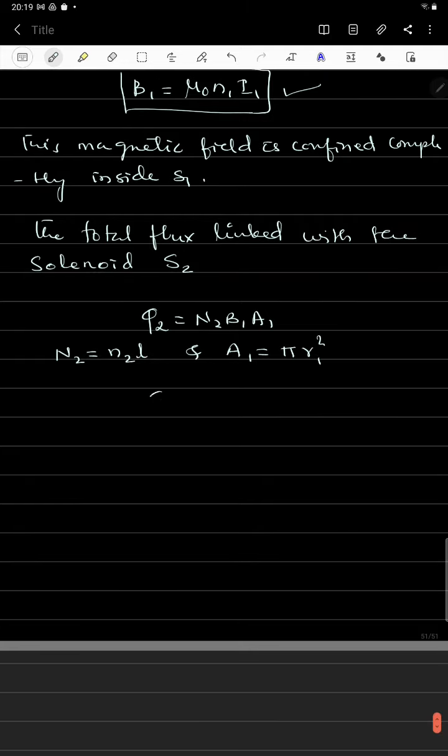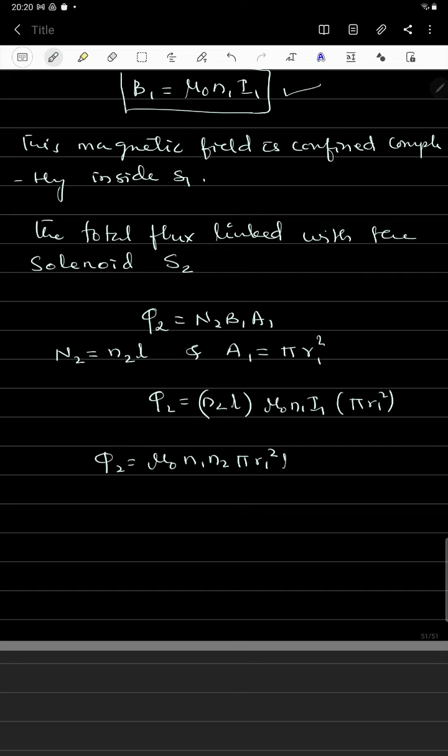Therefore the magnetic flux linked with the secondary coil is n2 L into B, that is mu naught n1 into I1, and into pi r1 square. So this much magnetic flux is linked with the secondary coil, that is mu naught n1 n2 pi r1 square L I1.